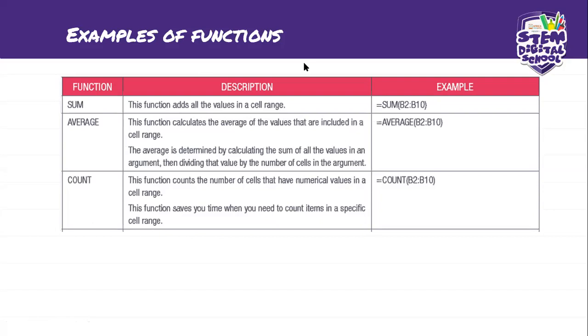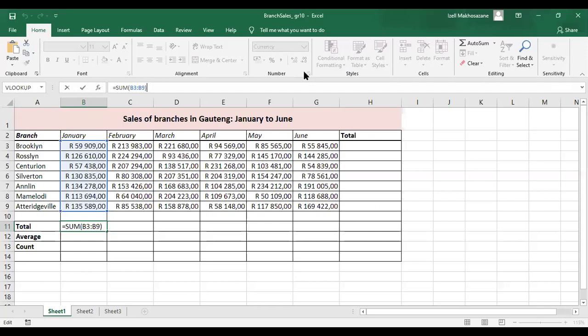All right. So to use the average function, let's go to our spreadsheet. Here is my spreadsheet. I have calculated the sum, the total. When you want to add a number of values and come up with a total, the function you need to use is the sum function.